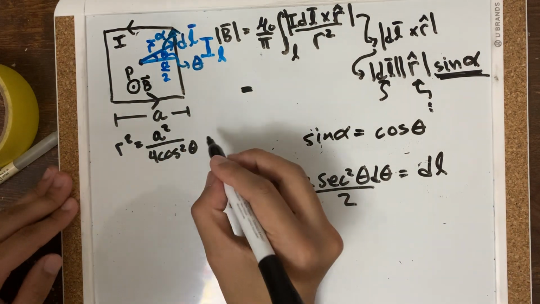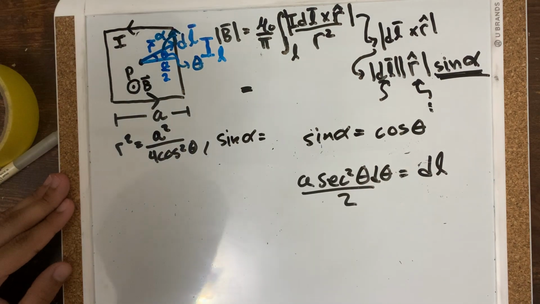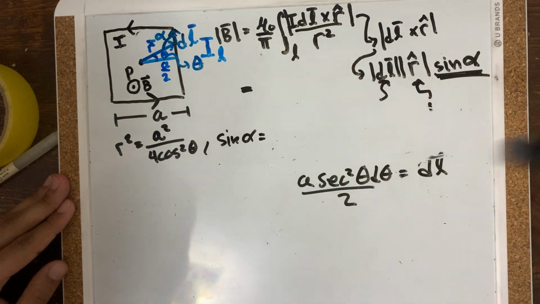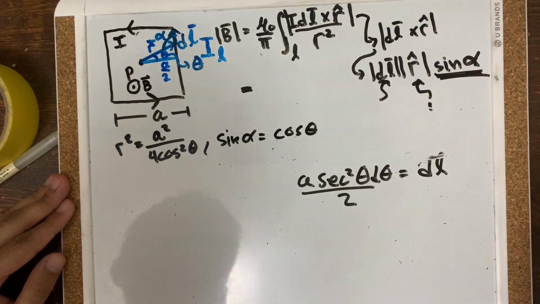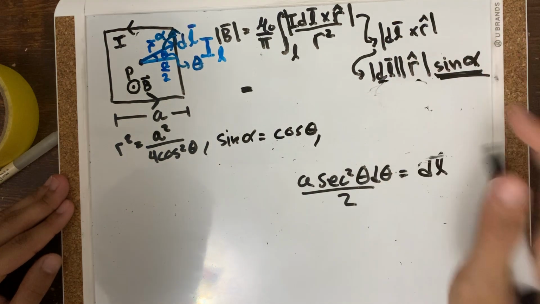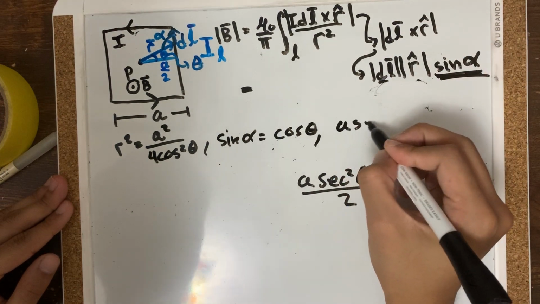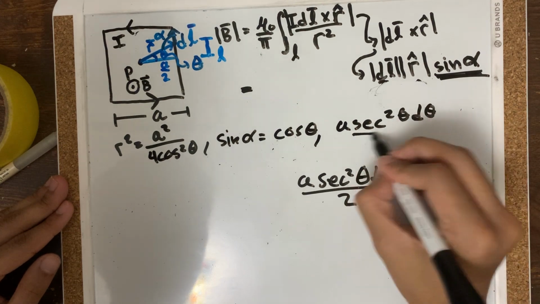Let me just organize everything. Equal to a secant squared theta d theta over 2.